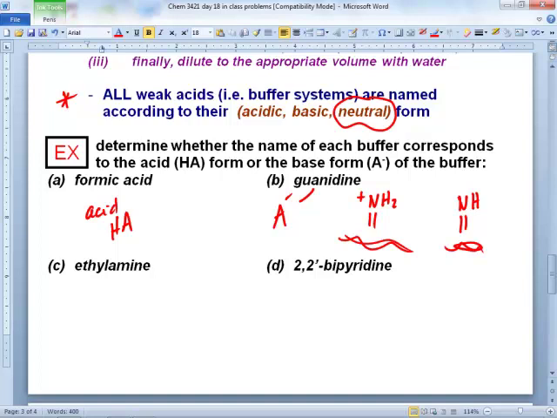Ethylamine. When I say ethylamine, am I talking about the conjugate acid or the conjugate base form?